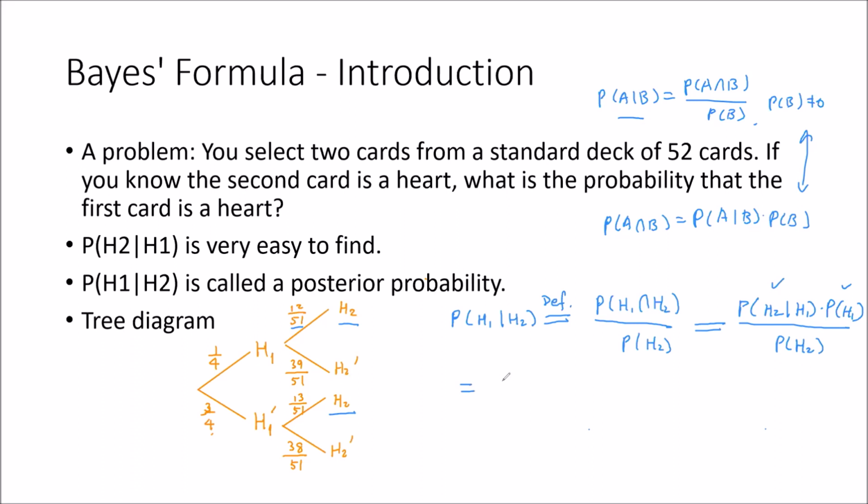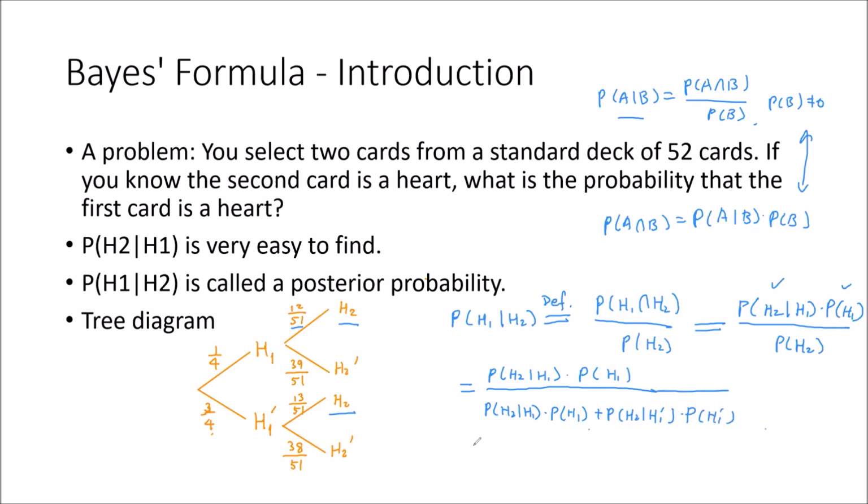So we do the probability of H2 given H1, just copy the numerator. And then the bottom is a sum of the products. Right, so we write that.